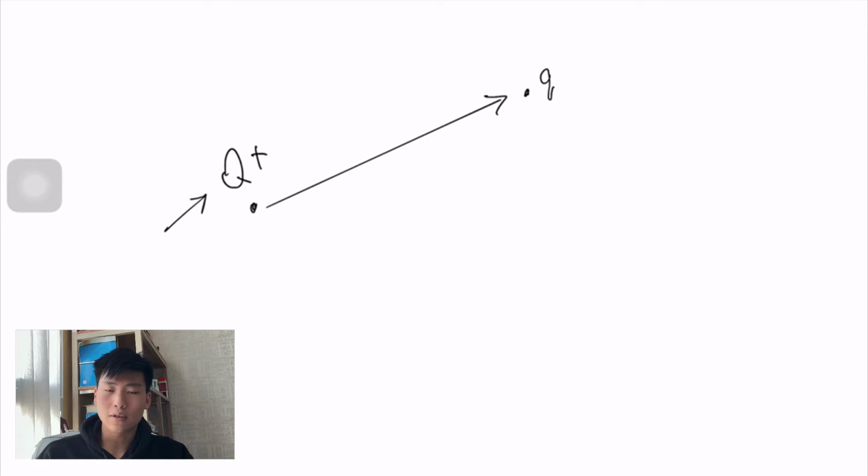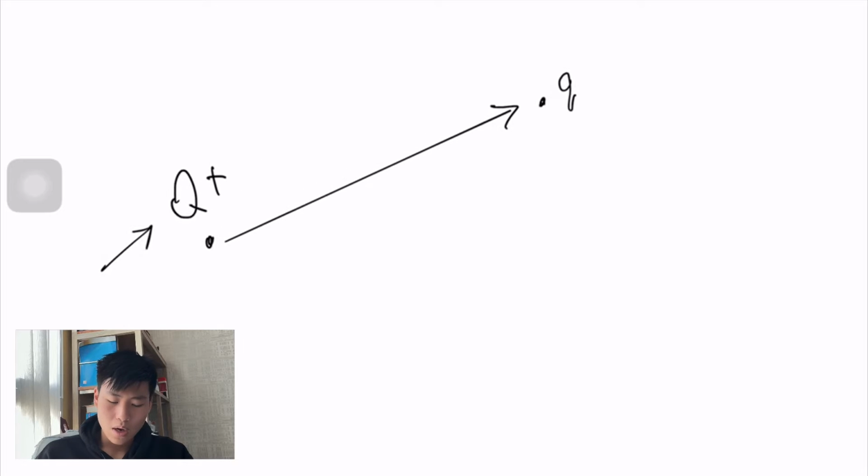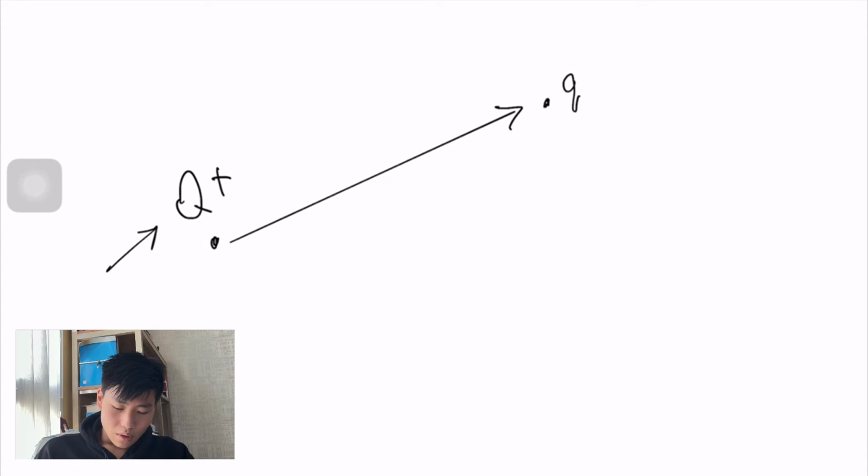How are we going to calculate the magnitude of the electric field? The magnitude of the electric field is denoted by E, big E. It's a vector, right? Because it has a direction.